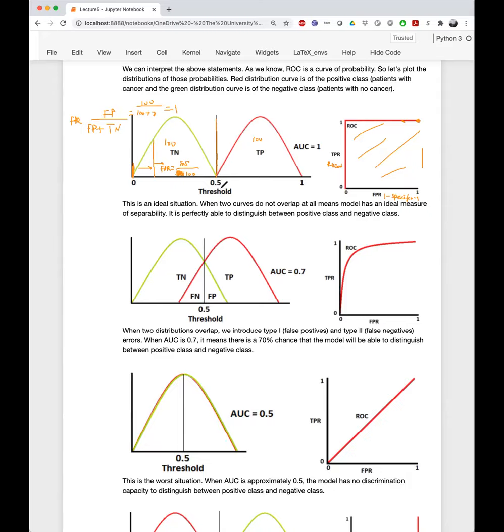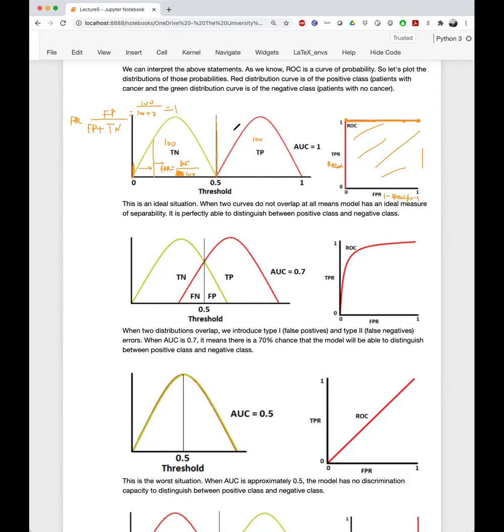So in this case, the false positive rate will be 0. So now we have another point, 0, 1. That's the point here, corresponding to this threshold. So as you move your threshold from 0 to 0.5, you actually get this part, the vertical line here.